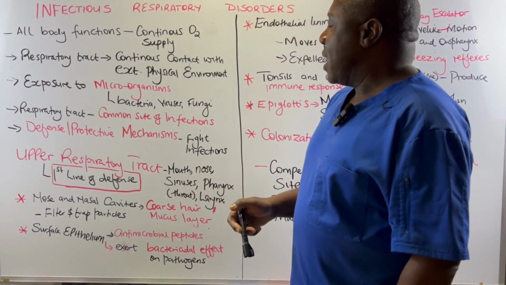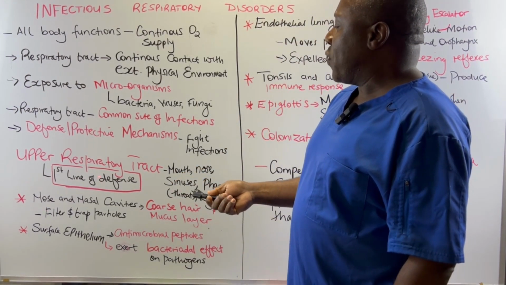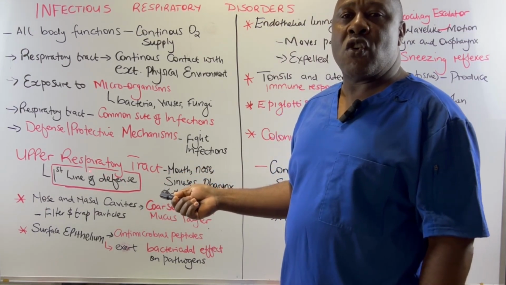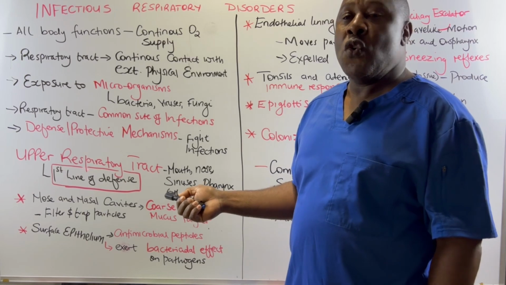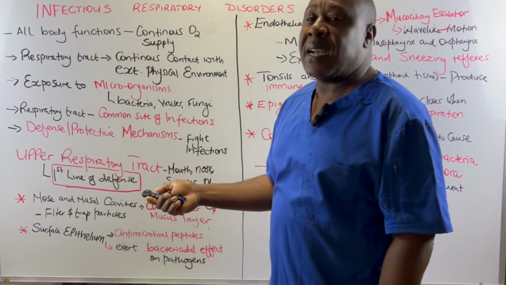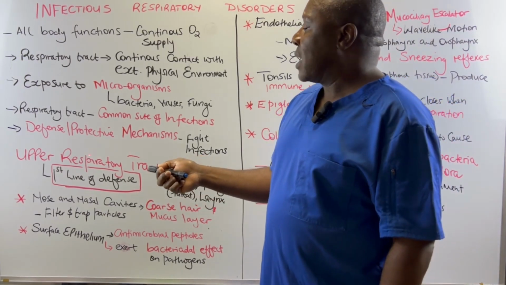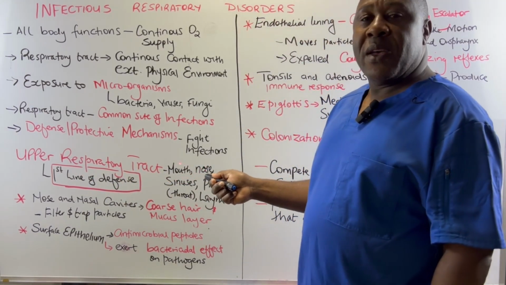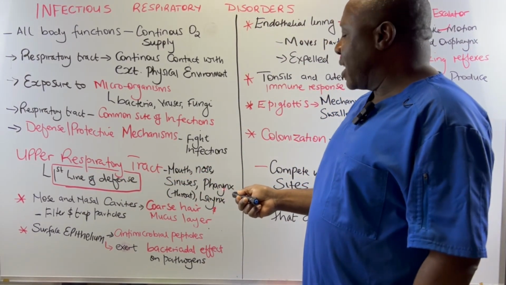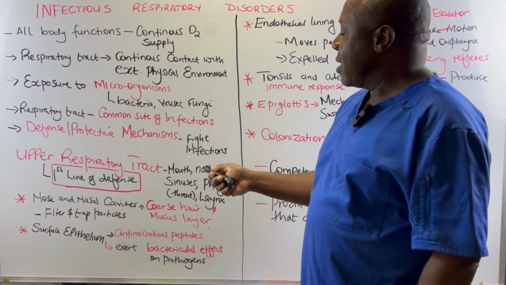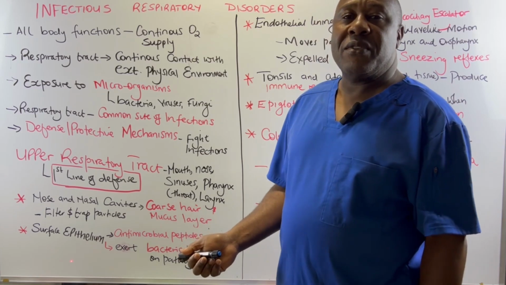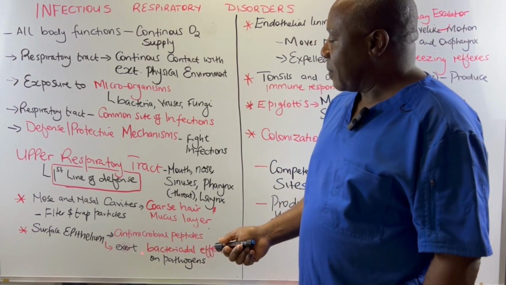The upper respiratory tract offers the first line of defense against microorganisms from the external physical environment. And just as a reminder, the upper respiratory tract consists of the mouth, the nose, the sinuses, the pharynx or the throat, and even the larynx. So let us look at this first line of defense.